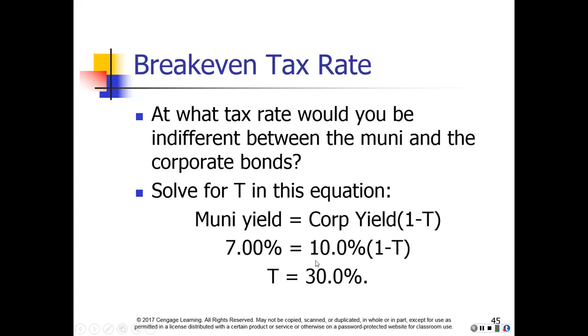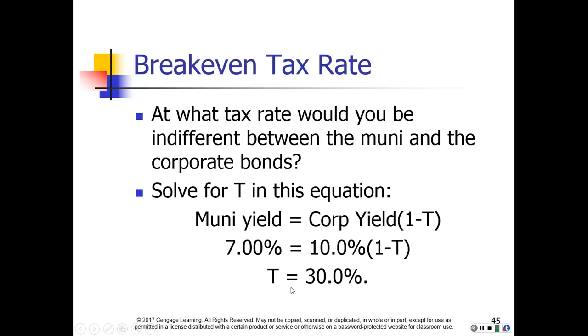So let's see, multiply this out, it's 10 minus 10T, right? 7 equals 10 minus 10T, or 10T equals 10 minus 7, which is 3. So T equals 3 divided by 10, or 30%. So we got a couple steps of algebra here to get the missing T, which is 30%. So if my marginal tax rate is 30%, then I will be indifferent between the two.